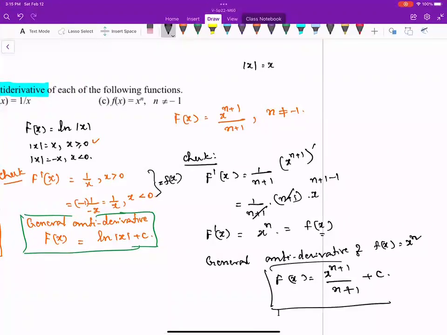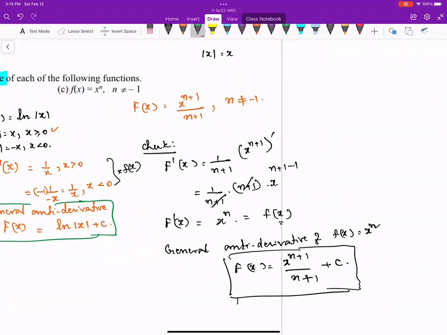So as I always say, C the C. Whenever the question is the general antiderivative, C the C. You have to add that additive constant.